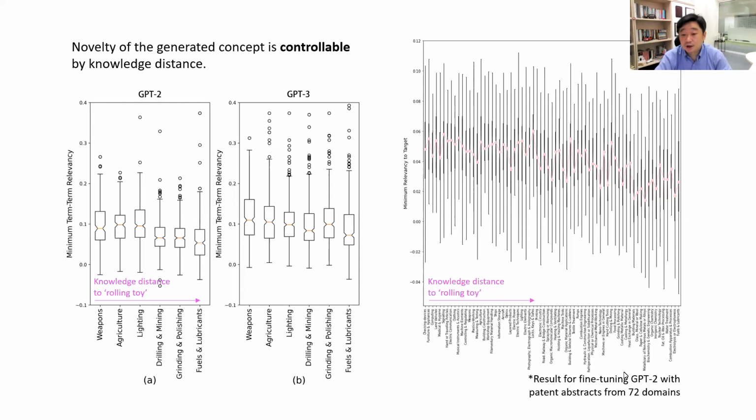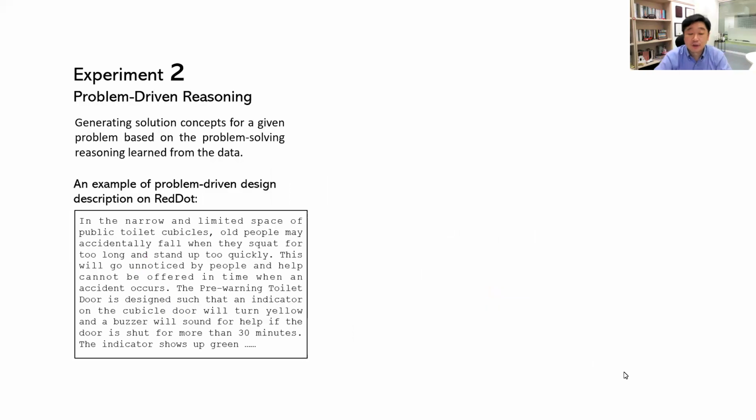And it shows a clear pattern that the novelty of the concepts generated by an AI, especially in different domains, is highly correlated with the knowledge distance between the design target and the knowledge base of those AI experts. So those results suggest that novelty of the AI-generated concepts is potentially controllable by knowledge distance between the design problem and also the knowledge that AI models draw on to generate the concepts.